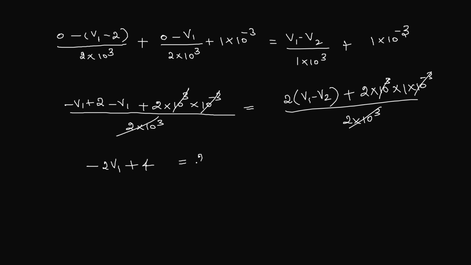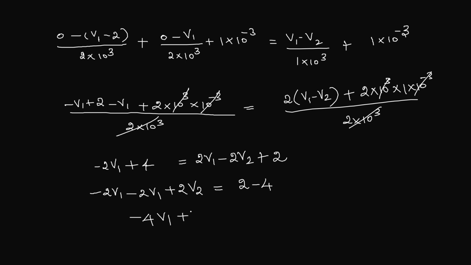Bringing the terms over, minus 4V1 plus 2V2 equals minus 2. Dividing all by 2, we get minus 2V1 plus V2 equals minus 1. So this is our first equation.